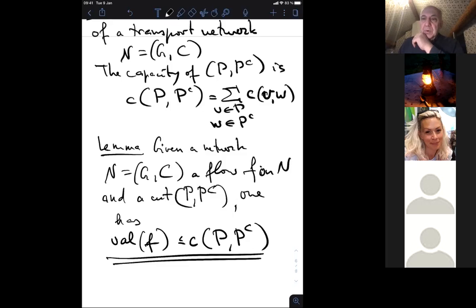So the value of the flow can never exceed the capacity of any possible cut which separates the source from the sink. And the proof is very easy here.